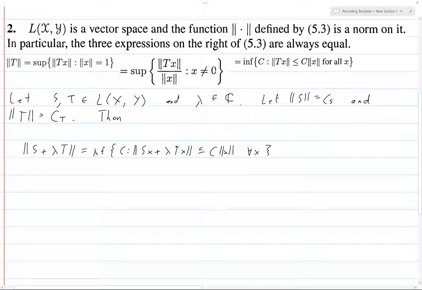I probably cannot fit this on that line, but this is going to be less than or equal to, we just take this thing here and break this up in the natural way, so we have Sx here, plus then the lambda comes out, then we get Tx, less than or equal to C times the norm of x for all x.